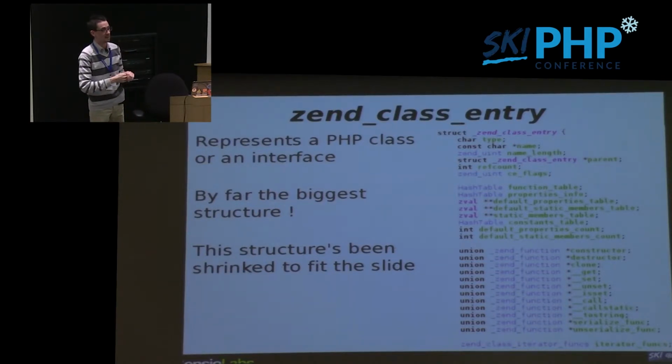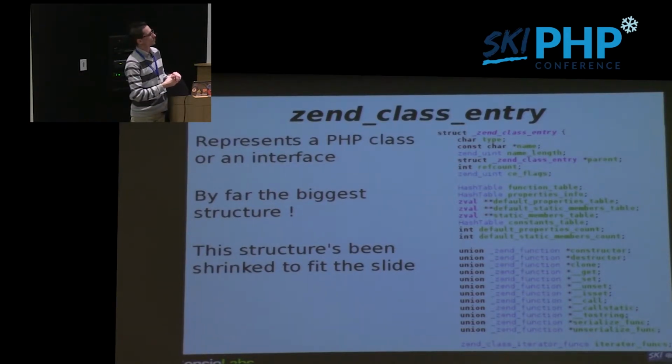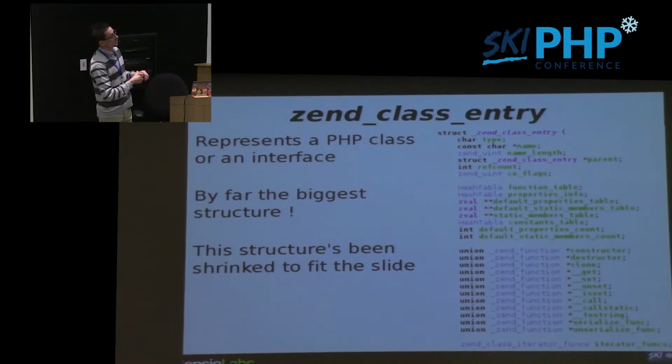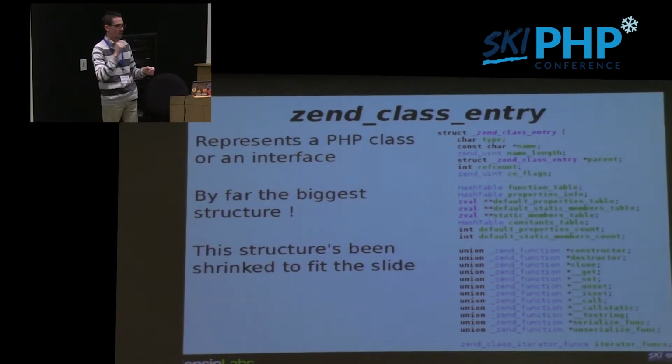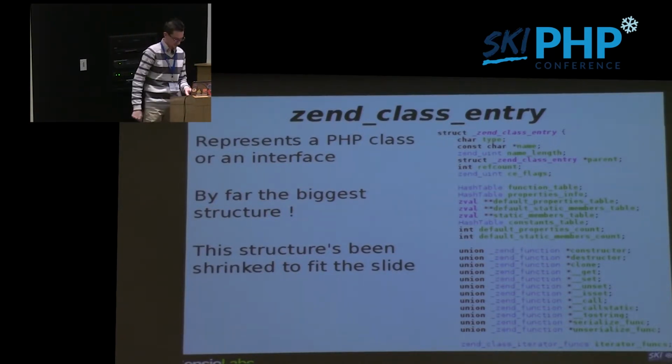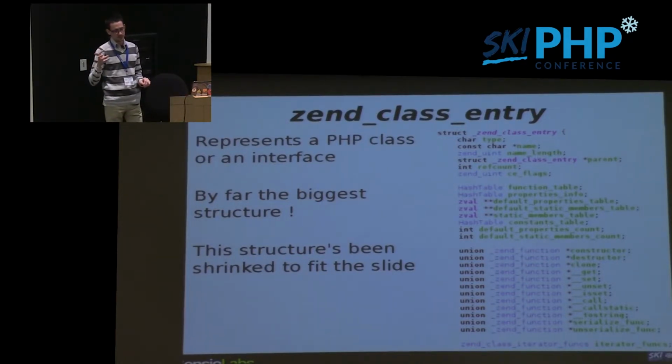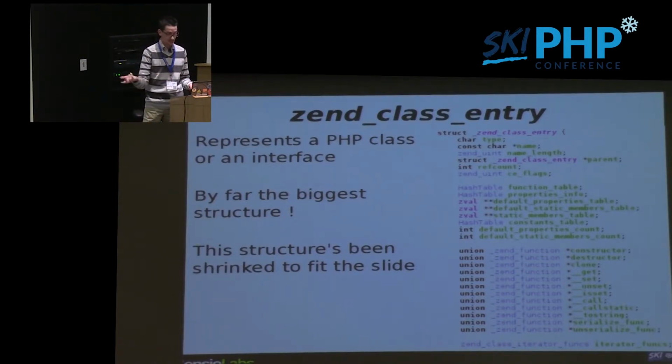A pointer is 8 bytes on a 64-bit CPU. A hash table is even more. An integer is 4 bytes. So just compute it, it's more than 100 bytes for one class. This is pretty huge. Internal classes can optimize some things, but they are mainly Zend classes as well.